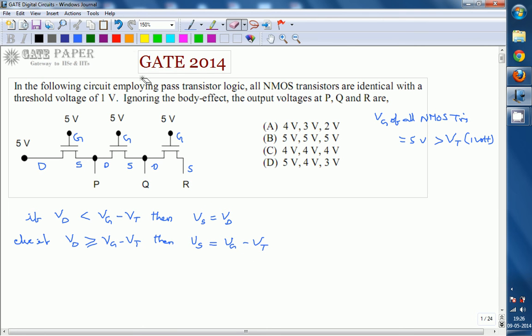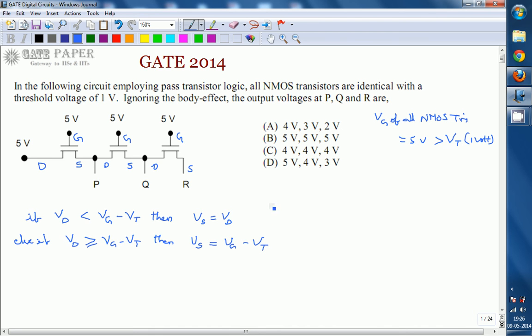This is because we must maintain a threshold voltage gap between gate and source so that it stays in the on condition. If the source followed the drain in this case, Vgs would be less than Vt, which won't occur in the on condition. The on condition means the minimum voltage from gate to source is 1 volt. So to satisfy that, the source voltage is stuck at Vg minus Vt if the drain voltage is greater than or equal to Vg minus Vt.